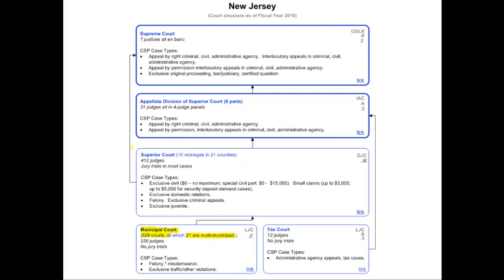And then this bottom layer here, with the lighter shade of border, is your original jurisdiction section. People can literally appeal from municipal court up to superior court, but generally this is your original jurisdiction. This is called the Superior Court. Again, 21 counties, 15 courts in 21 counties.